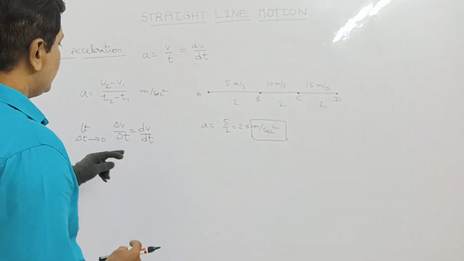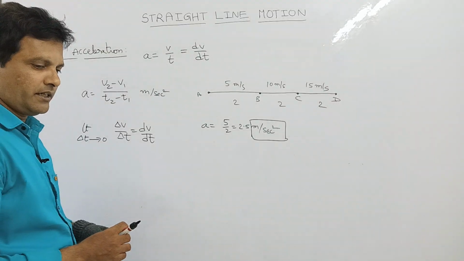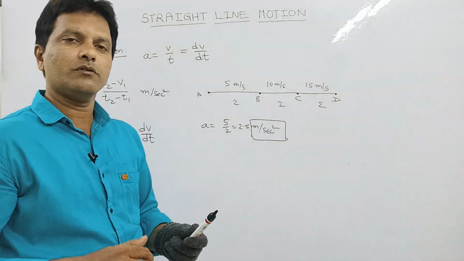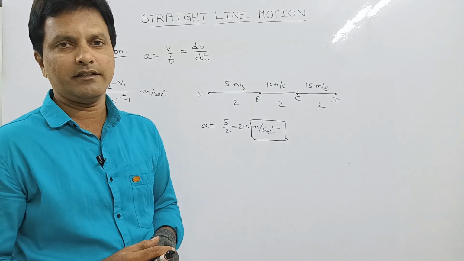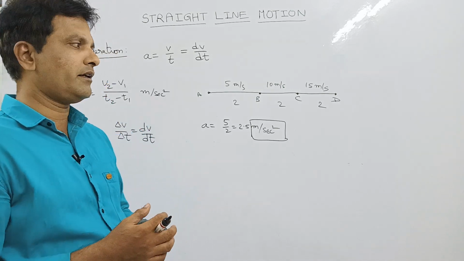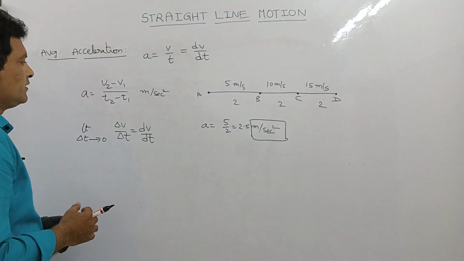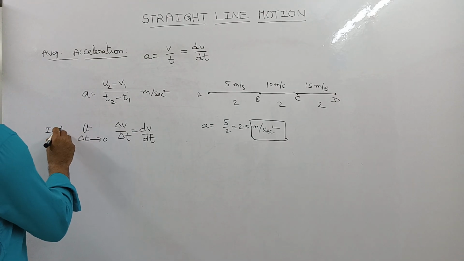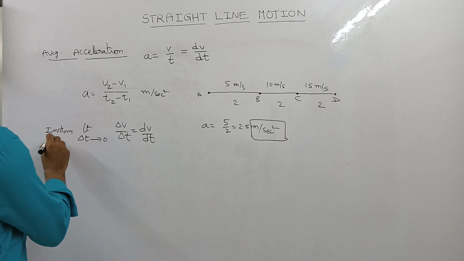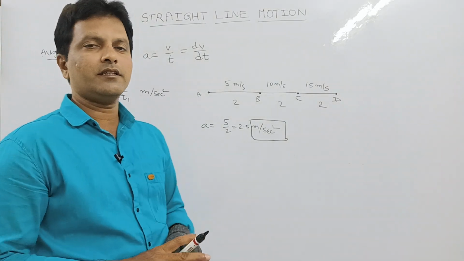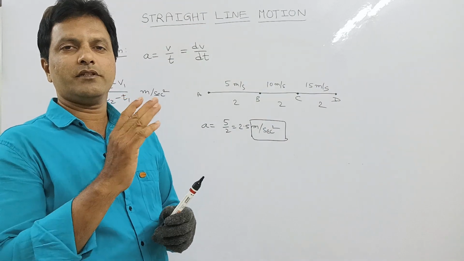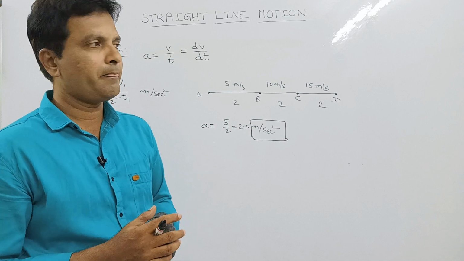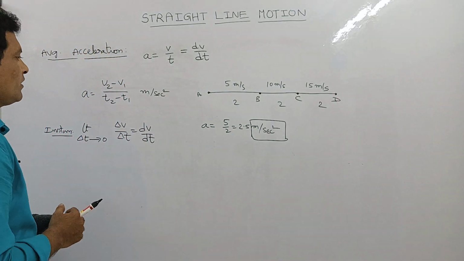In instantaneous acceleration, the time interval goes to whatever smaller we can get, up to infinitesimally small time. So this is average acceleration, and this is instantaneous acceleration. Acceleration is nothing but the positive trend of change of velocity, the increasing trend of velocity with time.